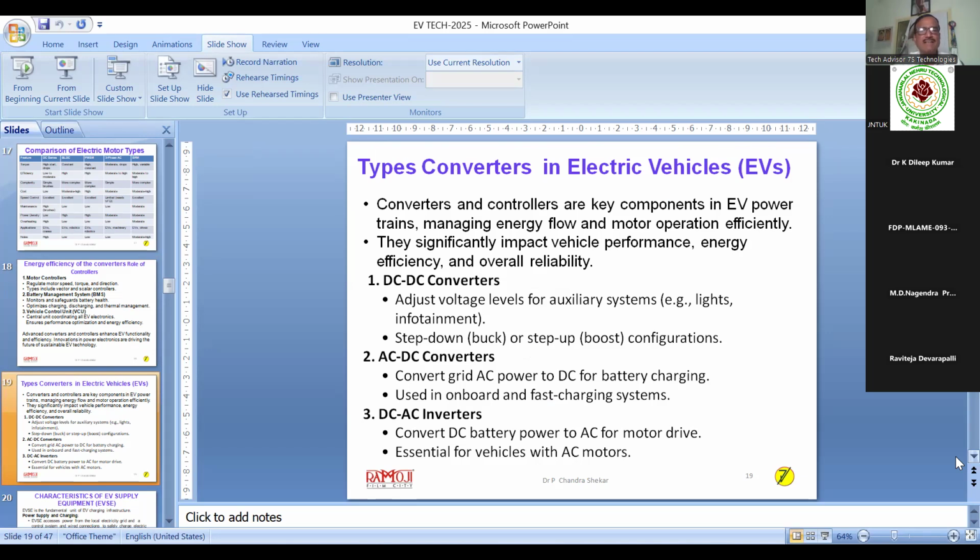DC to DC converters: we use a DC converter also, to adjust voltage level for the auxiliary system, lights and infotainment. Step down or step up, depending on the configuration. AC to DC converter: converts grid AC power to DC for battery charging, used in onboard and fast charging systems. DC to AC inverter: converts DC power to AC for the motor drive, essential for a vehicle with AC motors.